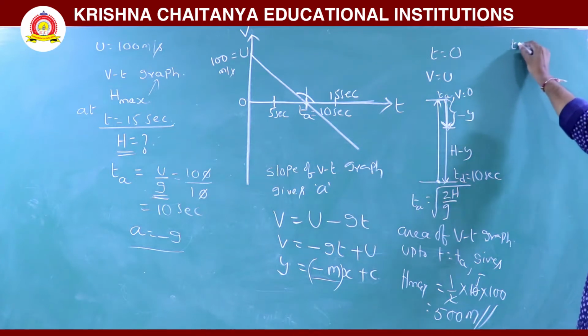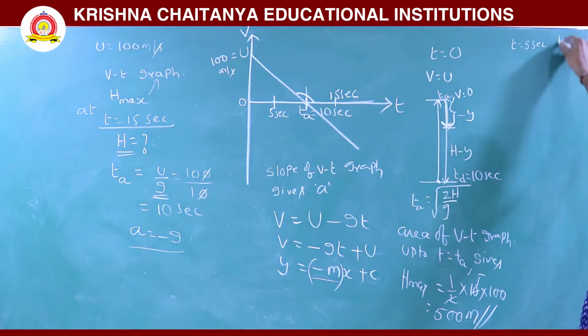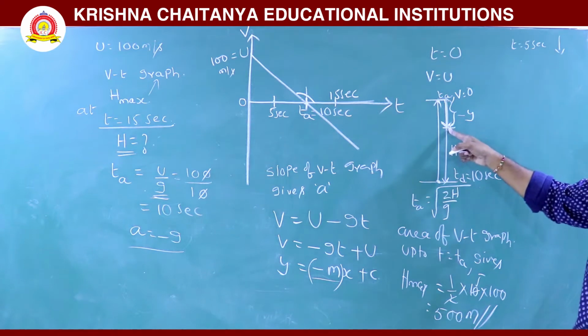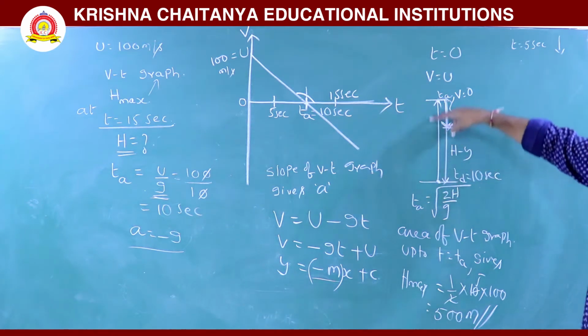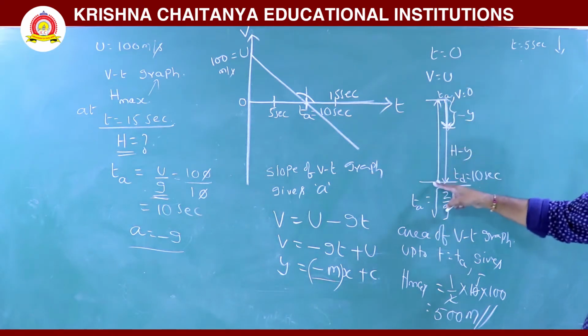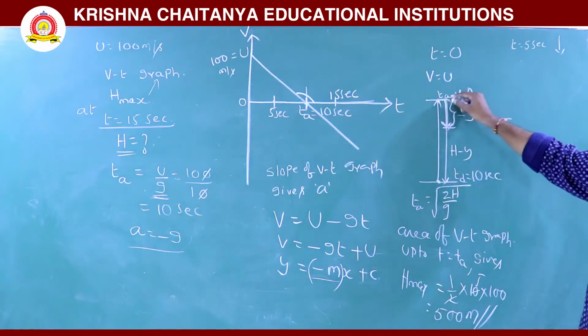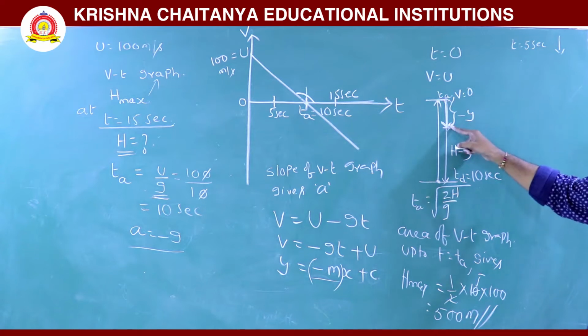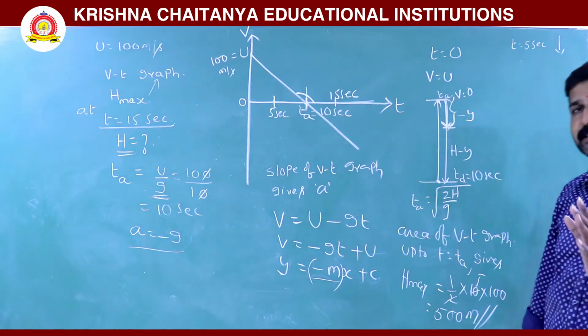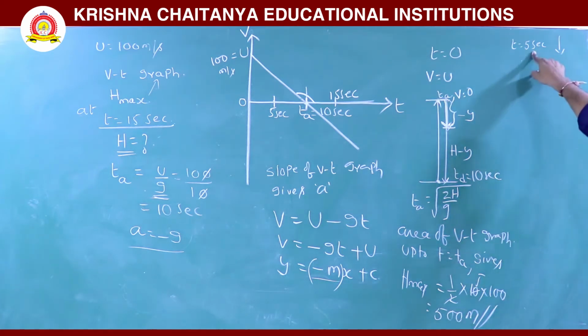So during that 5 seconds in the downward direction, the total time will be 15 seconds from the ground, and from the maximum height it is 5 seconds. Why? Because up to maximum height it is 10 seconds. So this is 5 seconds.